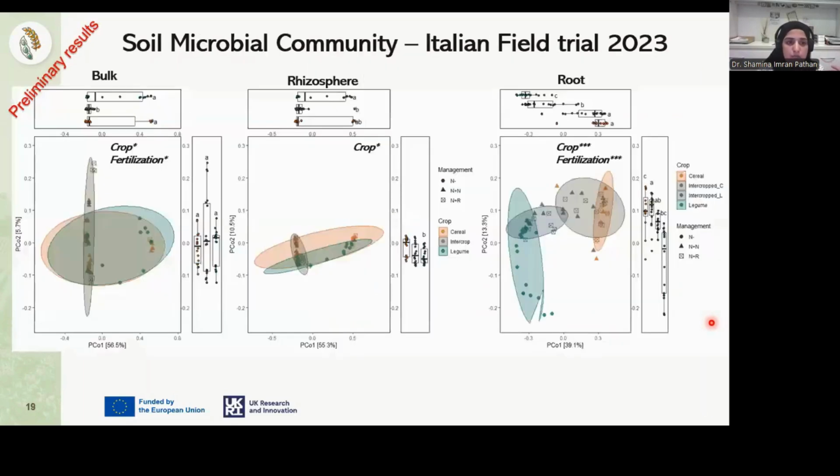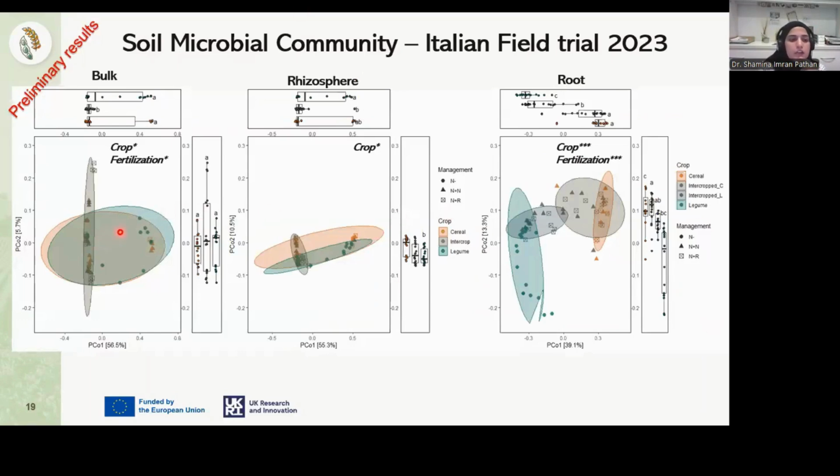Now I will show you some of the results from the Italian field trial, because we are still analyzing the data on how intercropping can have an impact on the soil microbial community. This is a principal coordinate analysis. It shows how the microbial community structure or diversity is changing under the different treatments.